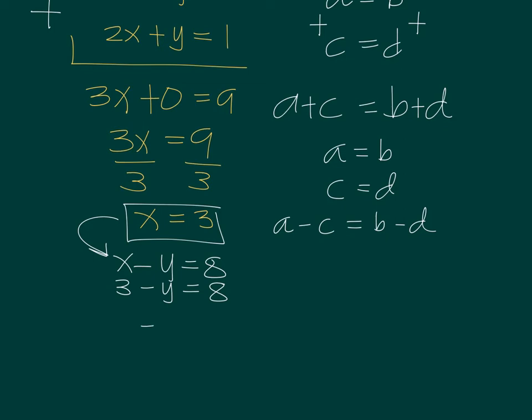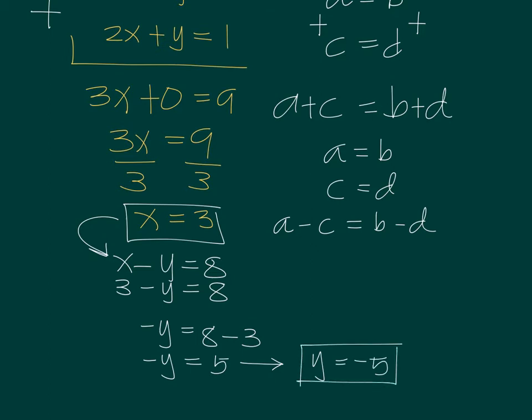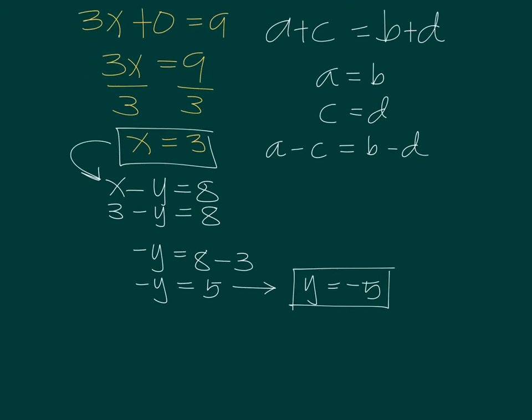Then negative y is equal to 8 minus 3, so negative y is equal to 5. And this makes y equal to negative 5. So that means x is equal to 3 and y is equal to negative 5 are the values of x and y for this system of equations.